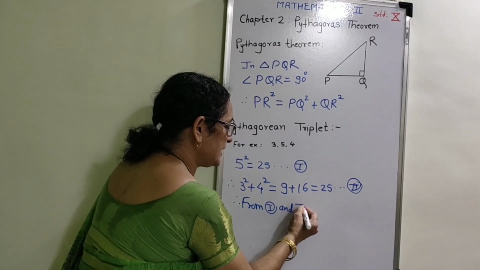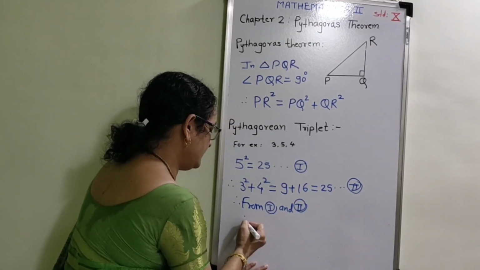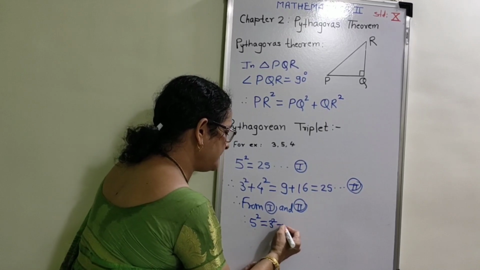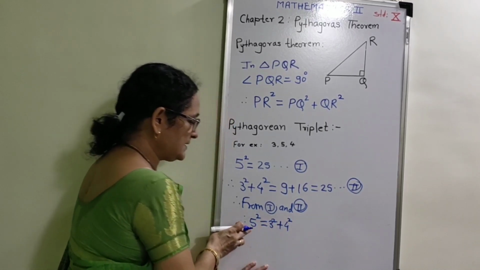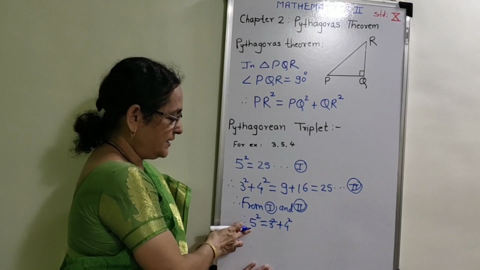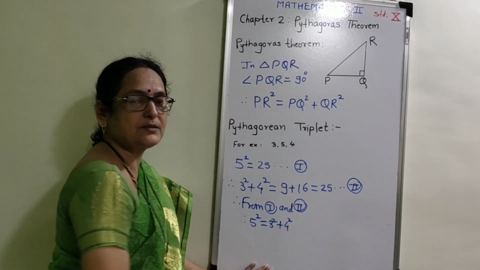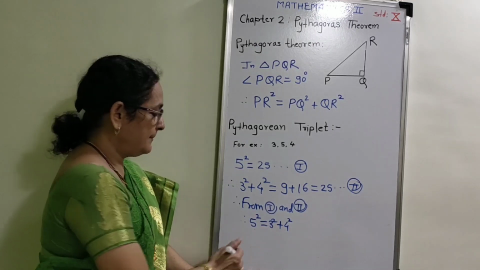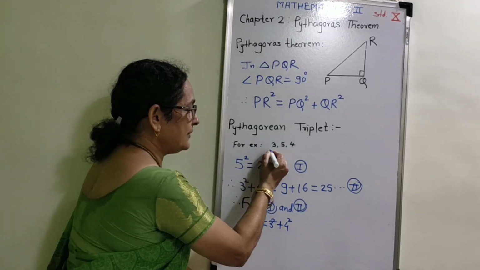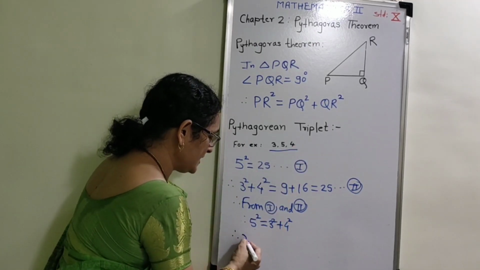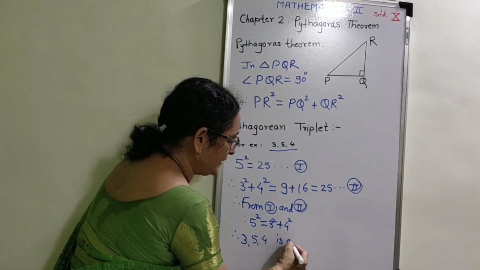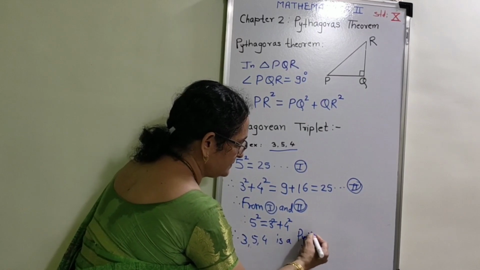I can write, therefore, from 1 and 2, 5 square is equal to 3 square plus 4 square. That means the largest side square is equal to the sum of squares of remaining two sides. Since both are equal, my conclusion is that these three given numbers, that means 3, 5 and 4, are a Pythagorean triplet.